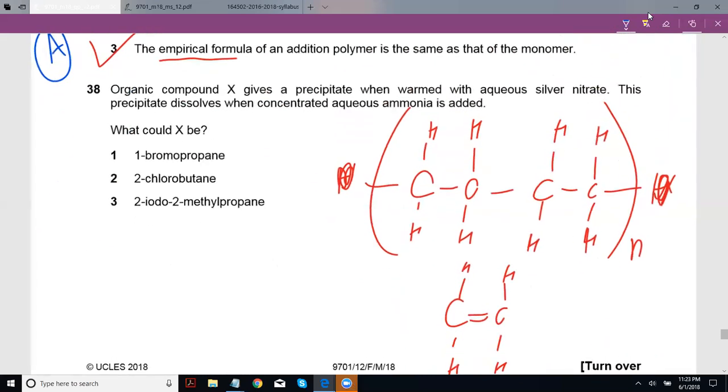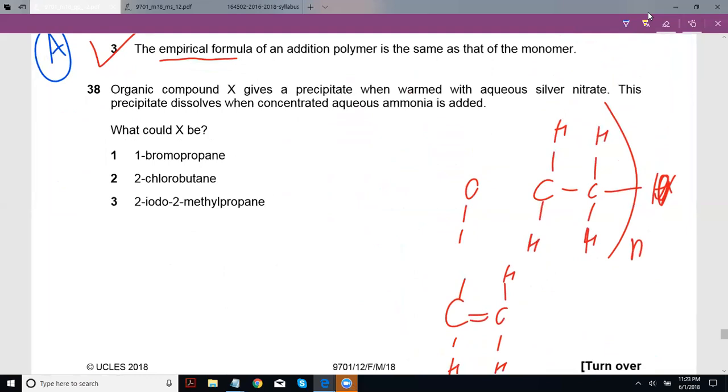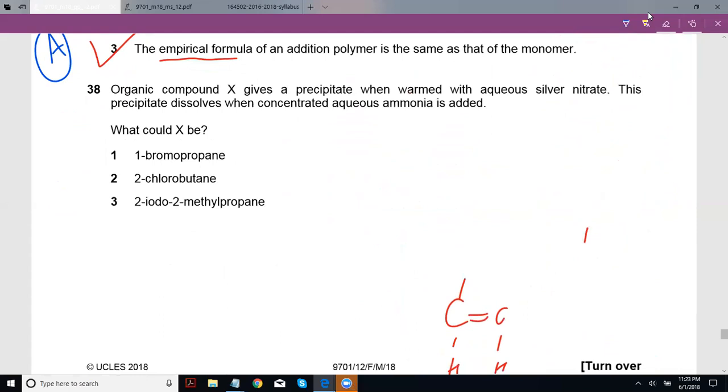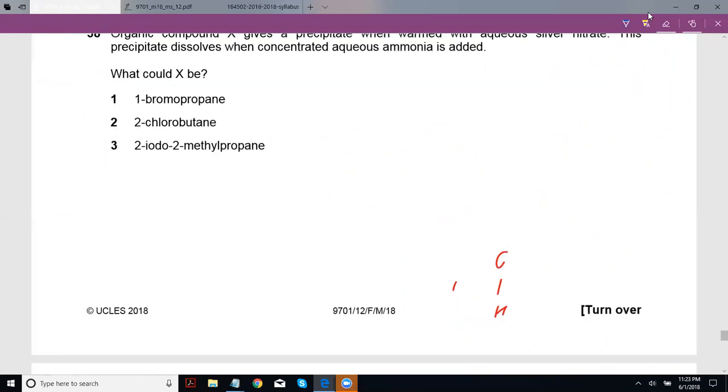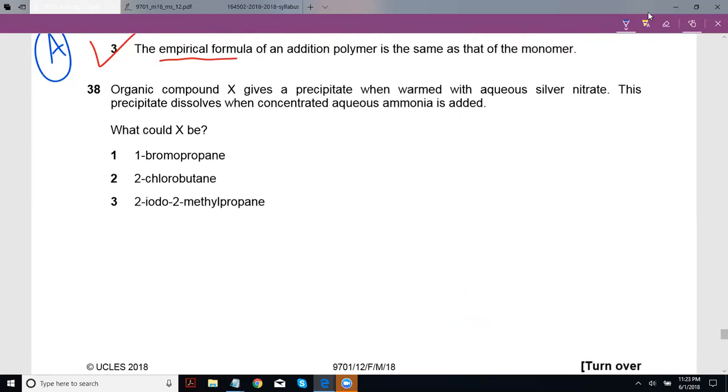We'll see later on. Anyhow, so organic compound X gives a precipitate when warmed with aqueous silver nitrate. Just a second. Let me just rub this rubbish. Okay. So silver nitrate, so that's AgNO3, and it gives a precipitate when warmed.